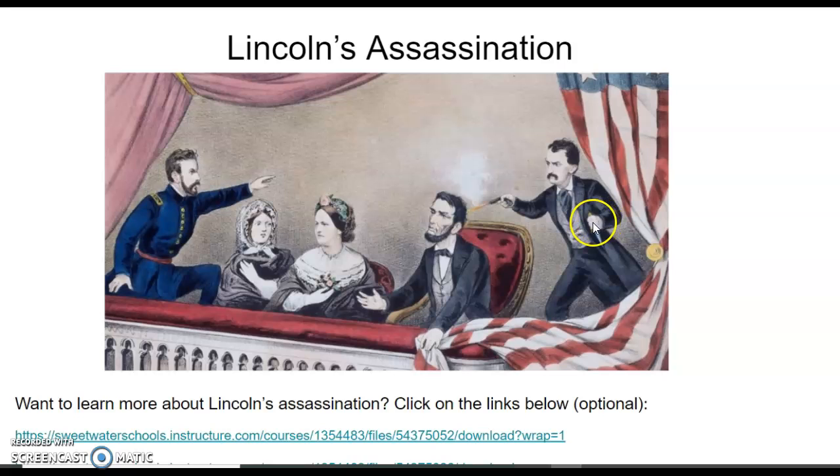And after the fact, John Wilkes Booth actually jumped off of the presidential box and onto the stage, where he screamed "Sic semper tyrannis," which is a Latin phrase for "death to tyrants." But eventually he ran away, but he was ultimately captured and executed for his crimes.